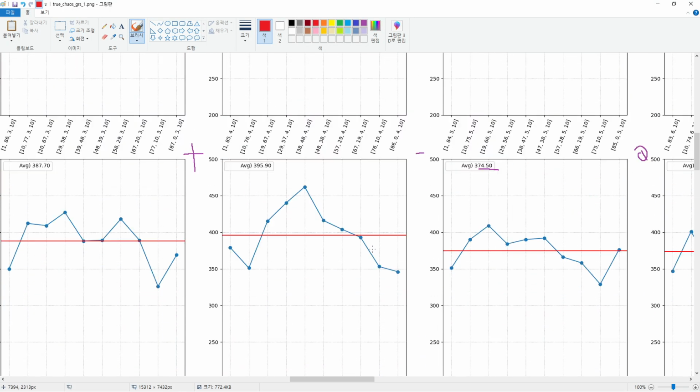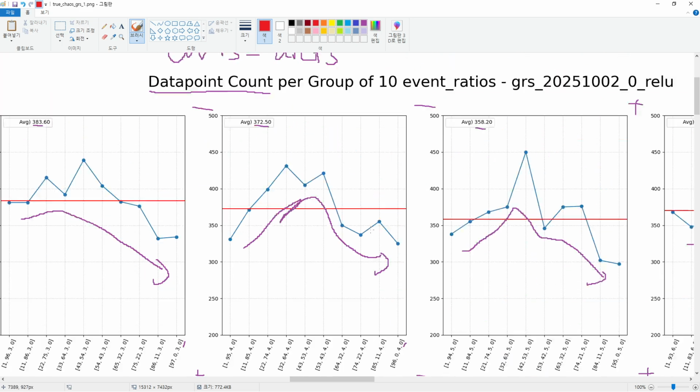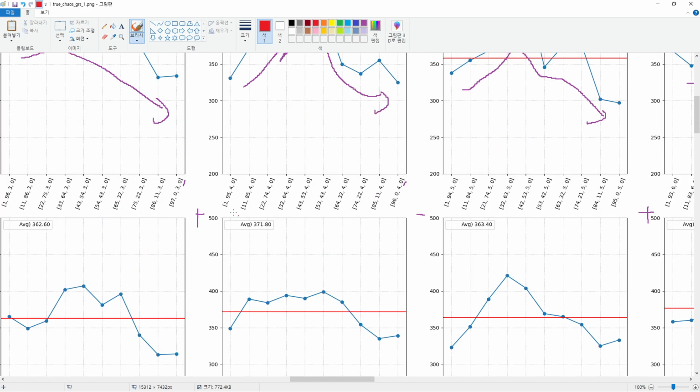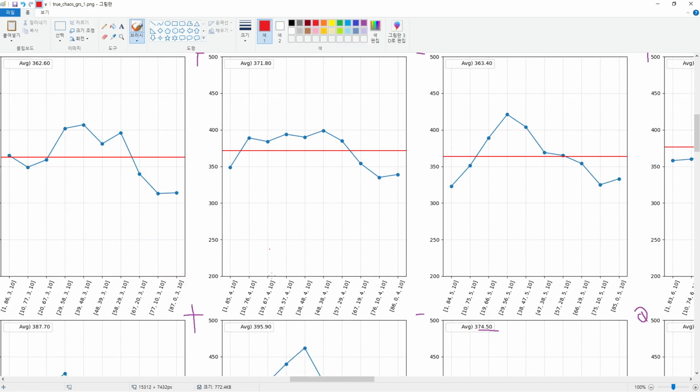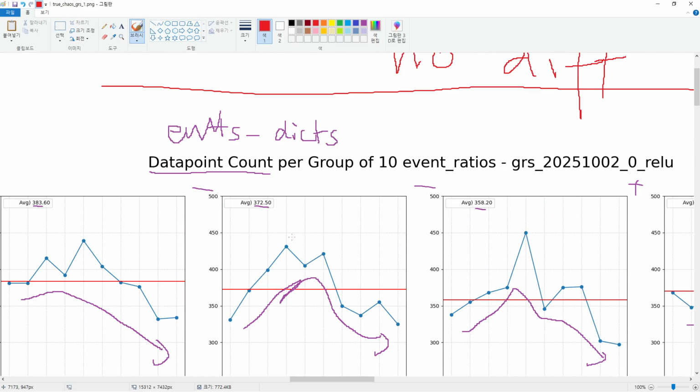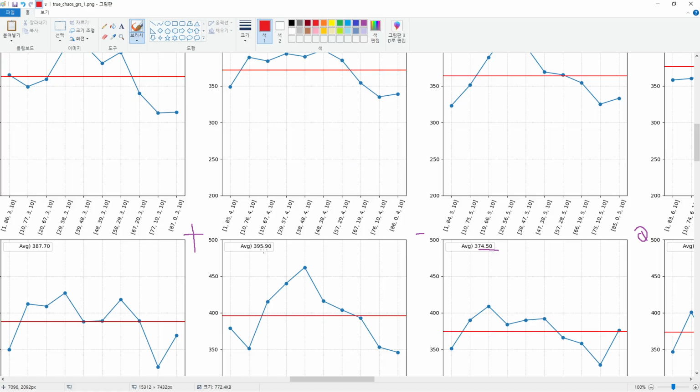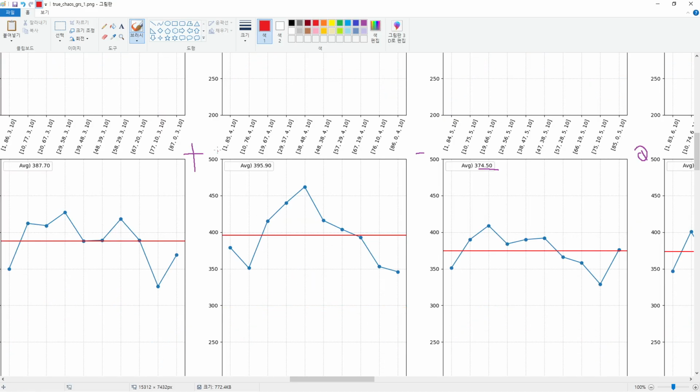The second column, let's go. 372, 371, so it's a 0. 371 to 395, it's a plus.